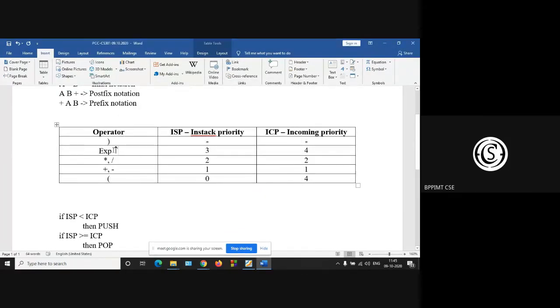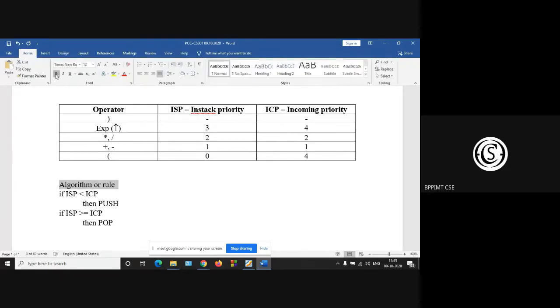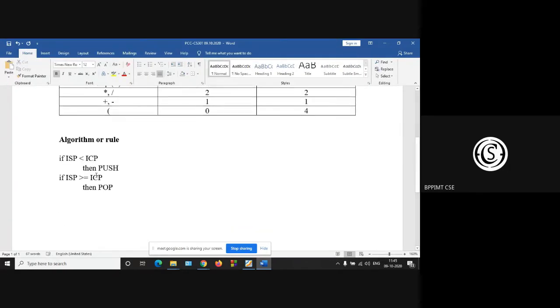This is the exponential symbol. So this is the algorithm or rule: if the in stack priority is less than the incoming priority for a particular operator, then push. Otherwise, greater than or equal, then pop.